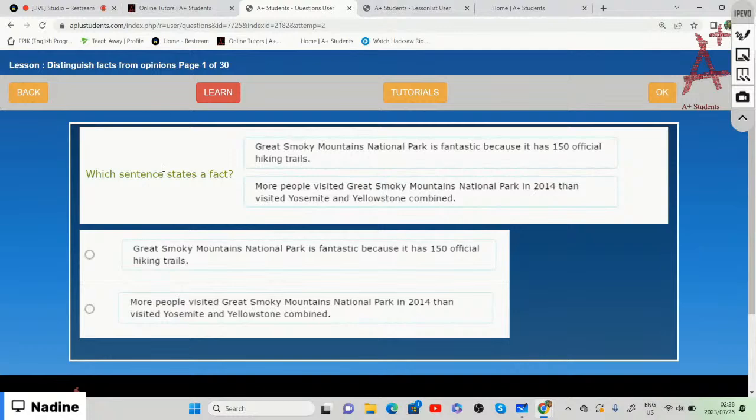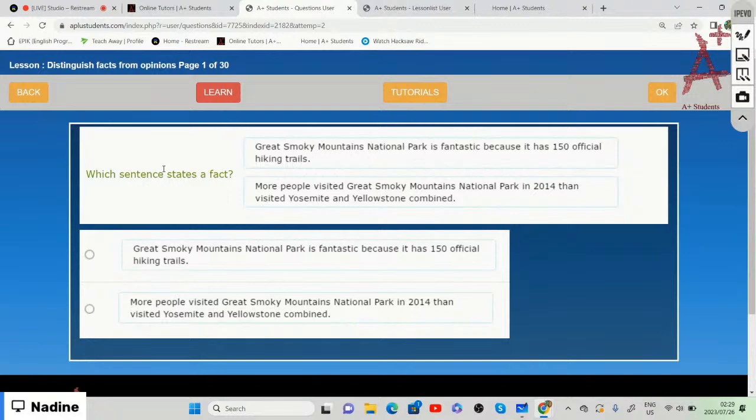We need to choose the fact. So, is it Great Smoky Mountains National Park is fantastic because it has 150 official hiking trails, or more people visited Great Smoky Mountains National Park in 2014 than visited Yosemite and Yellowstone combined?